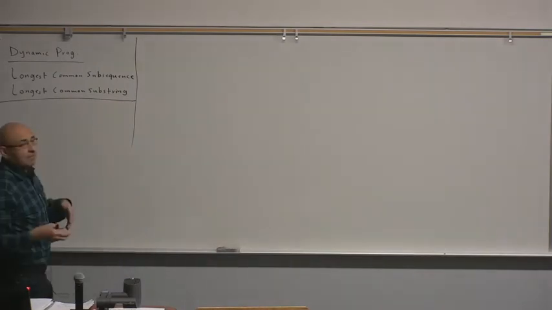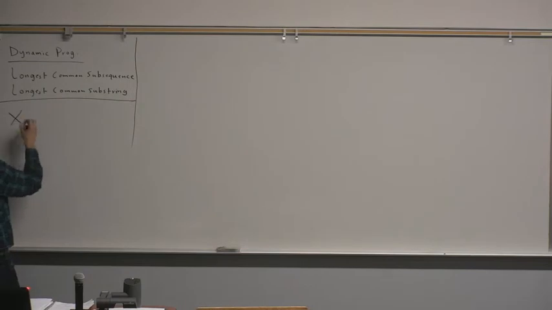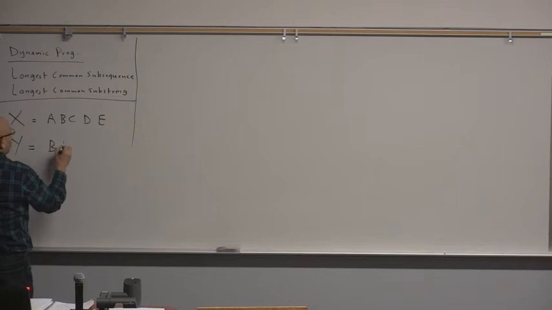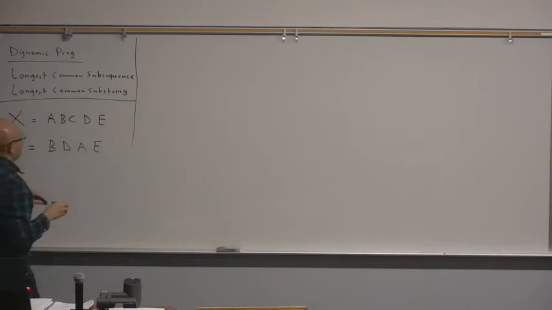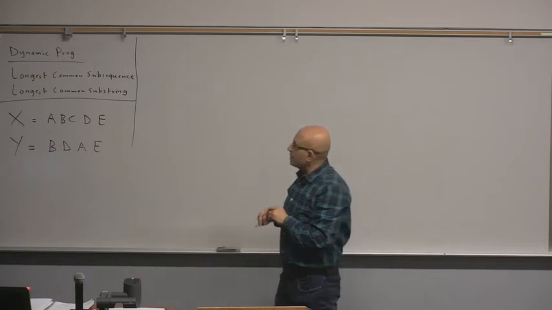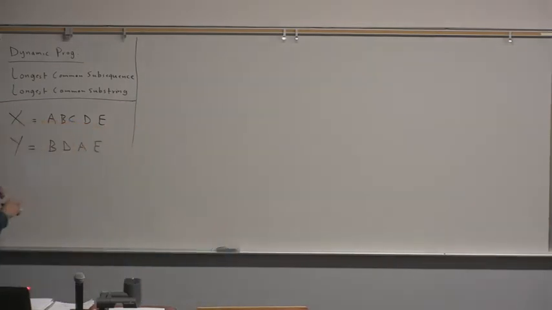So basically, if you have two strings, string x, which is A, B, C, D, E, and string y, B, D, A, E. Now, a common subsequence of these two strings is any sequence that appears in both, and a sequence doesn't have to be contiguous.